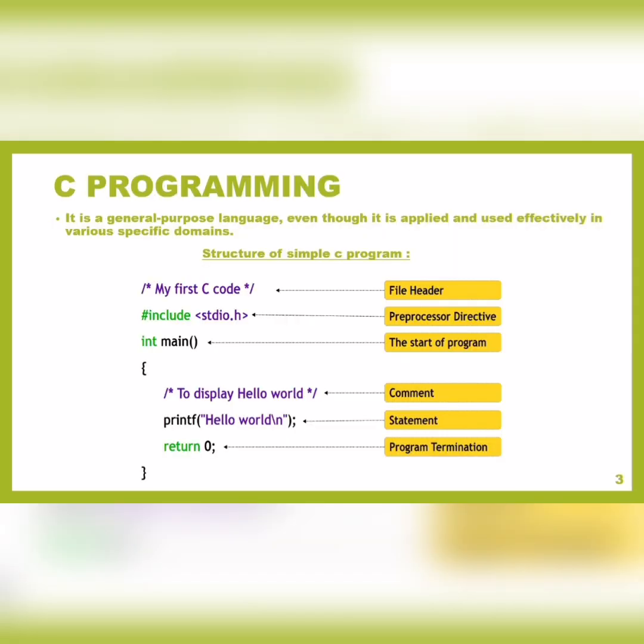The first one, C programming. It is a general purpose language even though it is applied and used effectively in various specific domains. The structure of a simple C program is as shown. It includes file header, preprocessor directive, the start of program which is nothing but main function, open and closed braces in which we include comment, statements and program termination.